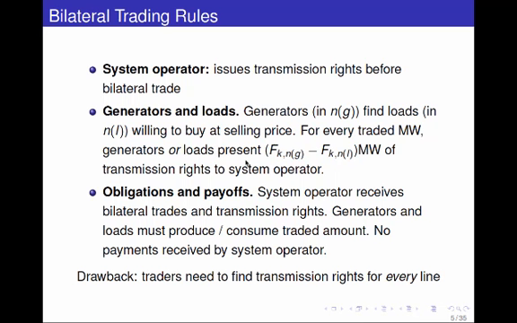So basically the ingredients to building a market model are: what are the products, who are the players or agents, and then we have a quantity adjustment process, and we have a price adjustment process.